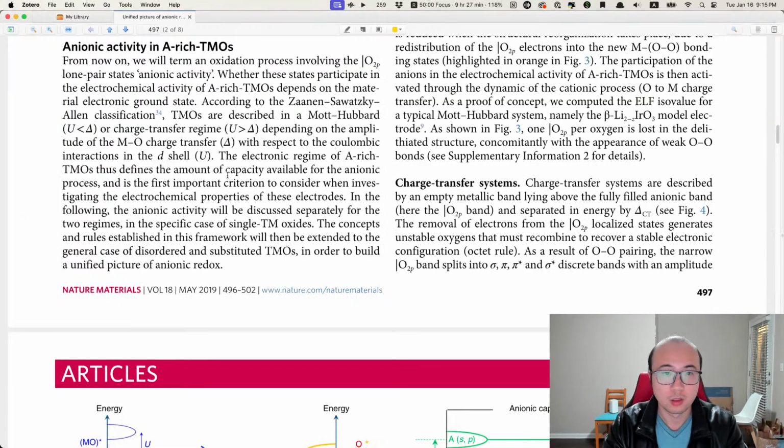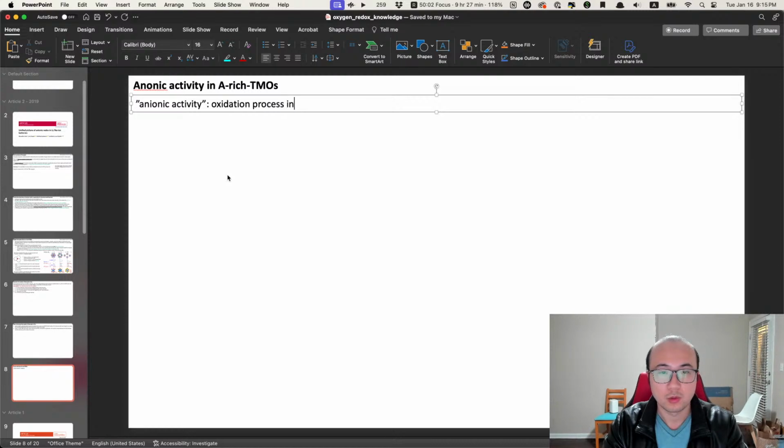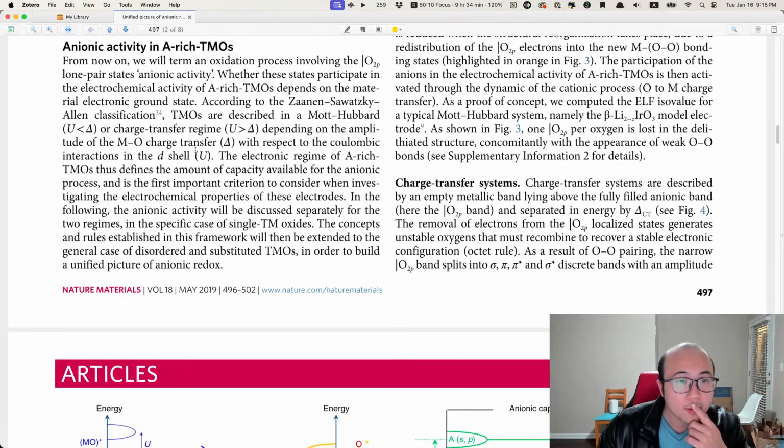Whether the states participate in the electrochemical activity depends on the material ground state. According to, what is this?